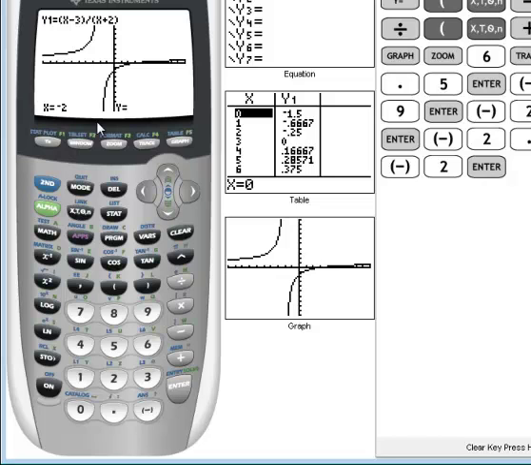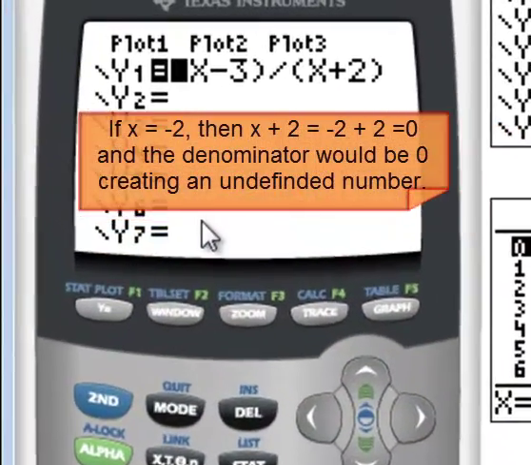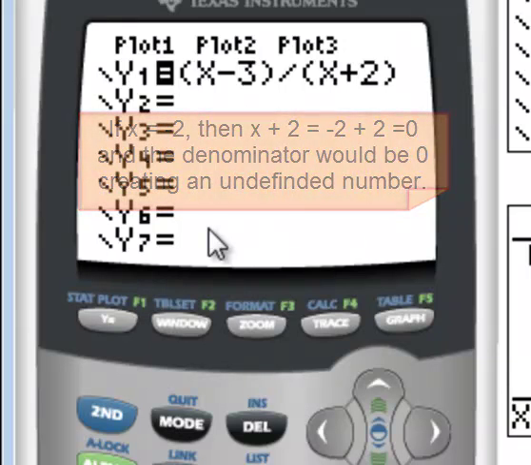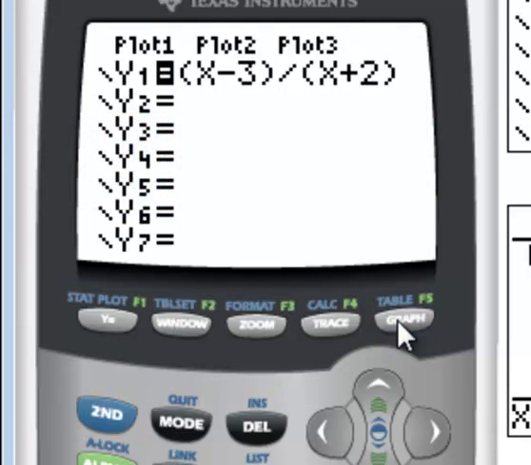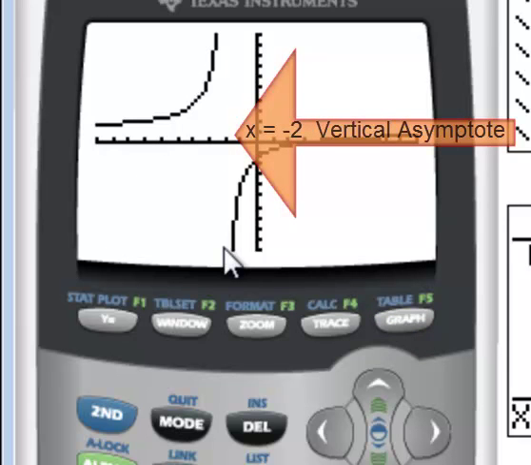So in this case, you cannot have x equal to negative 2 because that would give you a 0 in the denominator and thus an undefined number. So on your graph, we call this a vertical asymptote. You will find that this asymptote will be important in applications of rational functions.